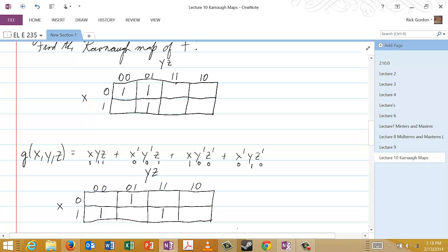Since x is equal to 0, we're on the top row of the Karnaugh map, and y is 1, z is 0 tells us we have this cell. So this is the Karnaugh map for the function g.